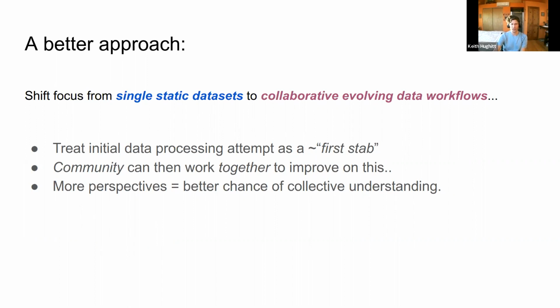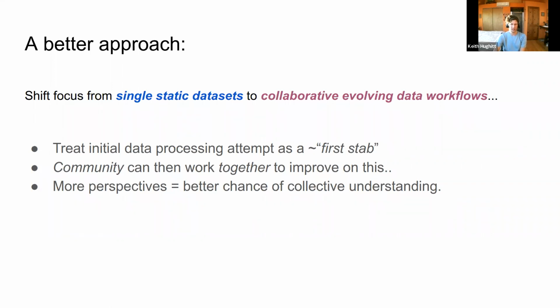So the initial data processing attempt you treat more like a first stab. Even if you're doing it on your own, you publish it on GitHub or out in the open, and then other people could come and improve on it. So basically, if there is data that more than just one person cares about, which is often the case, I think there is a community that is interested in different types of data, then they can collectively work on it and iteratively improve the processing of the data.